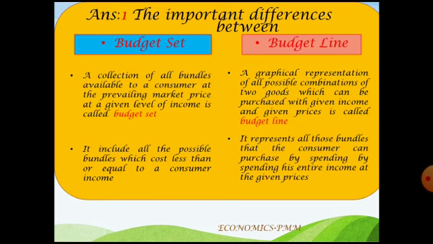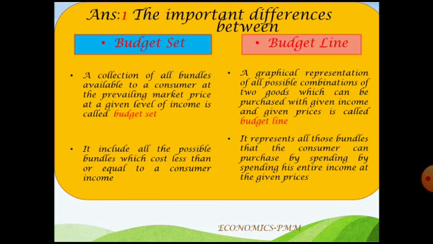It tells his limitation, what he can purchase and what he cannot purchase. So both are very important to understand consumer behavior. At the prevailing market price, how he behaves can be understood by budget set and budget line.